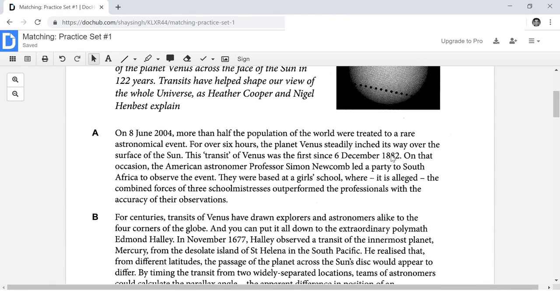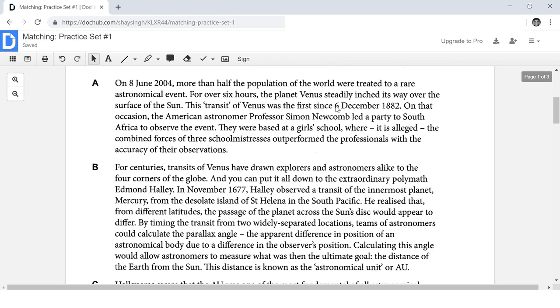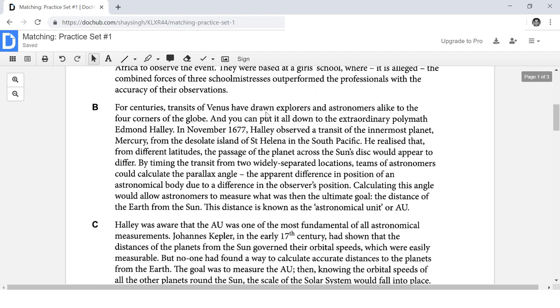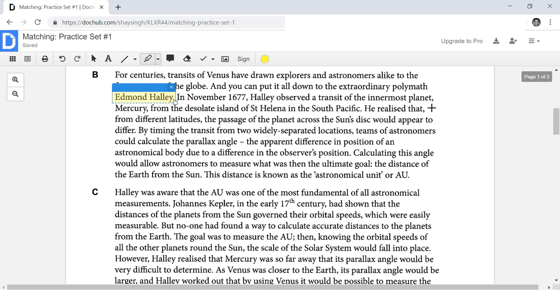So here we go. Okay, I see a name here, Professor Simon Newcomb, but we did not have this name in the answer choice, so that is not going to be the correct answer for anything. Here I see Edmund Halley. Okay, so there's something about Halley right there.